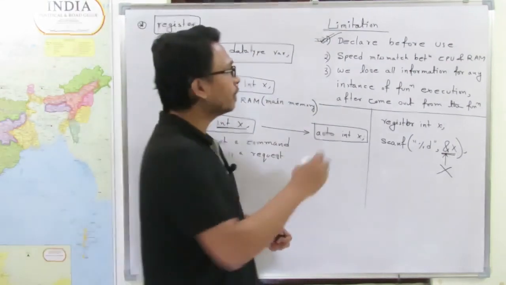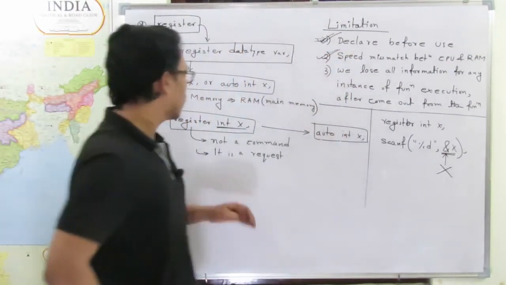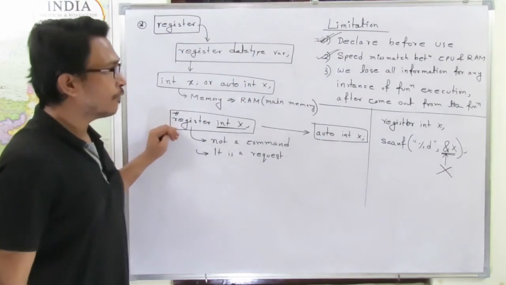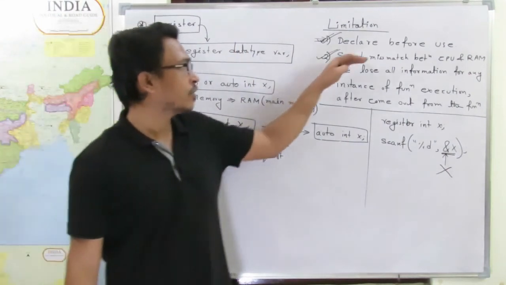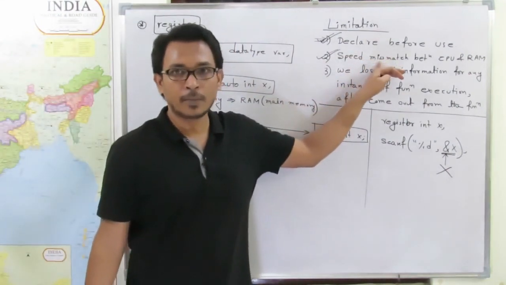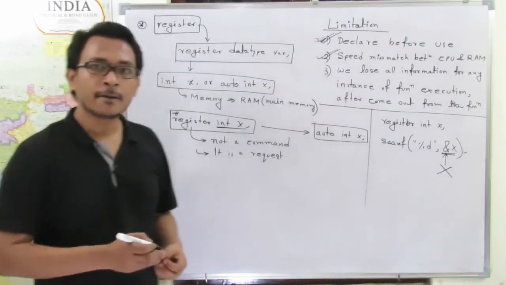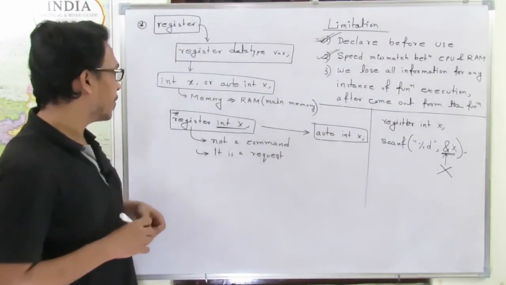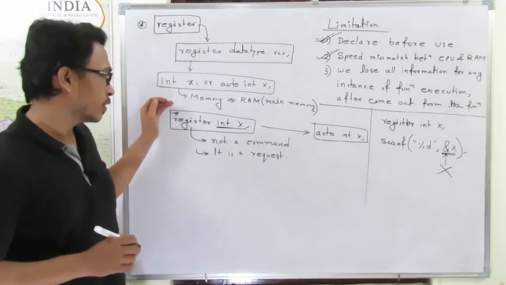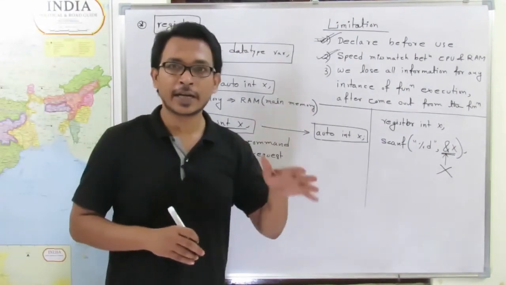So even though the register storage class is available, it is not guaranteed that it will solve this problem of speed mismatch. And the main point is, the register storage class is not a command, it is a request.